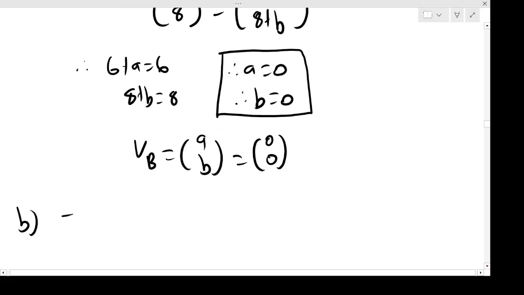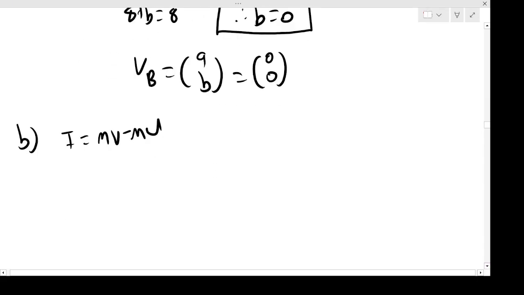Right, so remember impulse is mv take away mu, and again I can just consider either particle, because it shouldn't matter. Let me consider B. Let me find the impulse for B. So impulse is the mass m, now for B the mass is m, so it's literally m lots of v take away u.